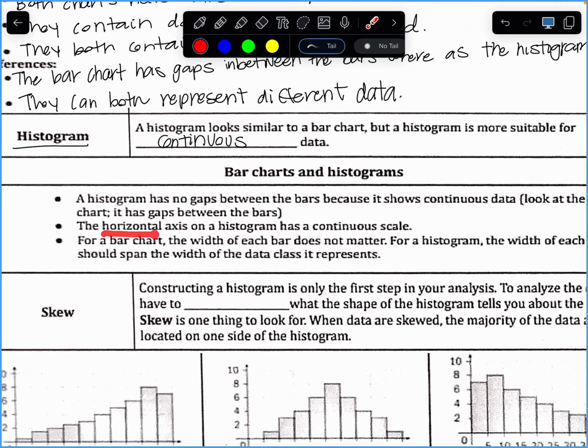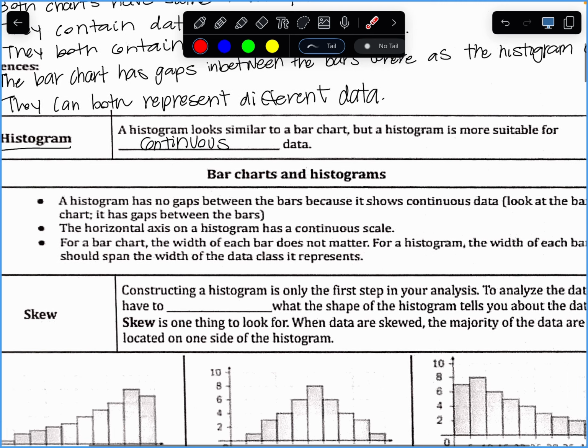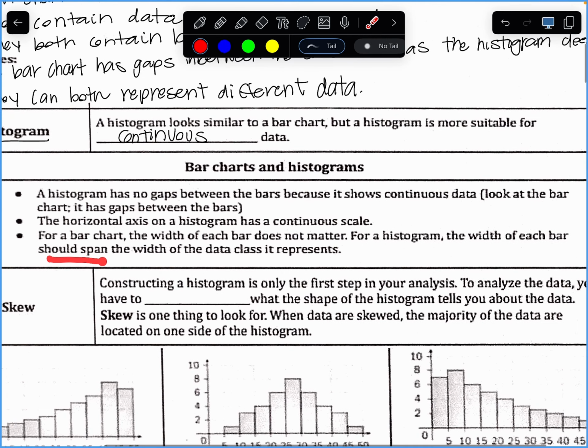The horizontal axis on a histogram has a continuous scale. For a bar chart, the width of each bar does not matter. For a histogram, the width of each bar should span the width of the data class it represents. So if it's between 0 and 1, make sure you draw your rectangle starting at 0 and ending at 1.